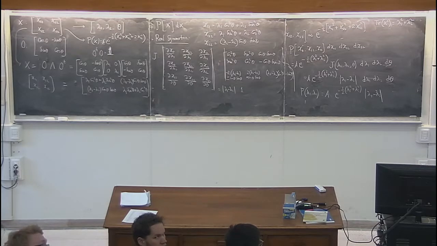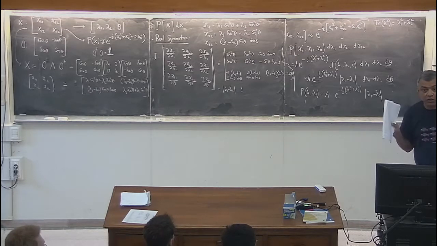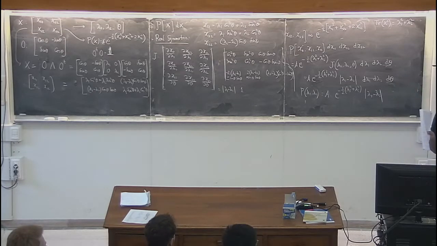Yes, but this is not exactly the same because here I'm choosing a particular orthogonal transformation which diagonalizes this, okay? So this is not the same as yesterday. Yesterday, what I said is that if you make any similarity transformation, then the Lebesgue measure is invariant, basically, okay?